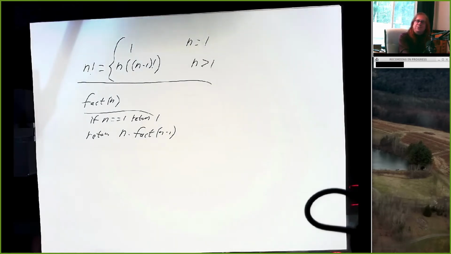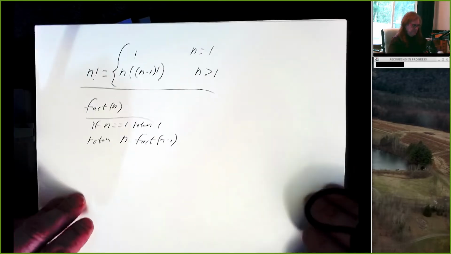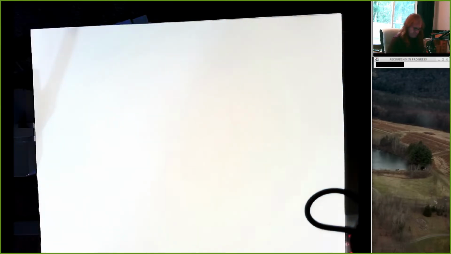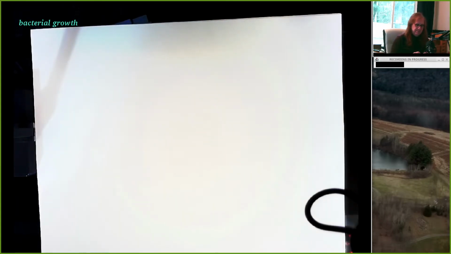And recurrence relations pop up in a lot of different situations. And so, where do I want to go with this? So let's think about a colony of bacteria.